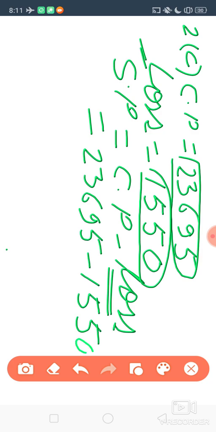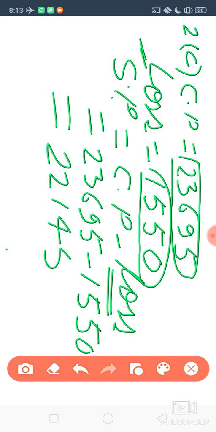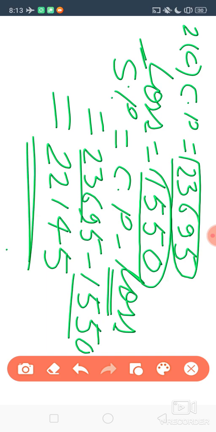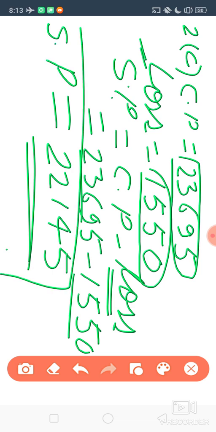Subtraction from class 1 only you are doing, so you can subtract it, isn't it? After subtracting, how much will you get? Subtraction all of you know, you'll do on your own. So after subtracting we'll get 22,145. So this is your answer, this is your selling price.